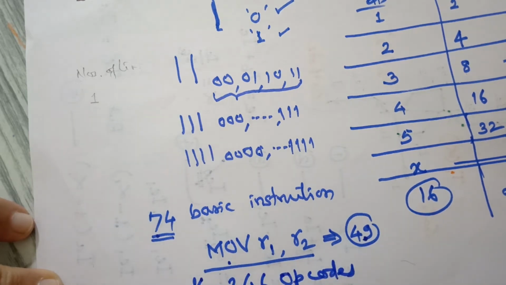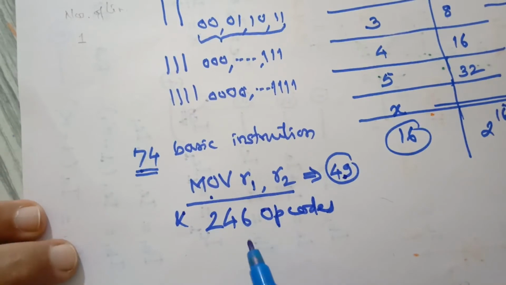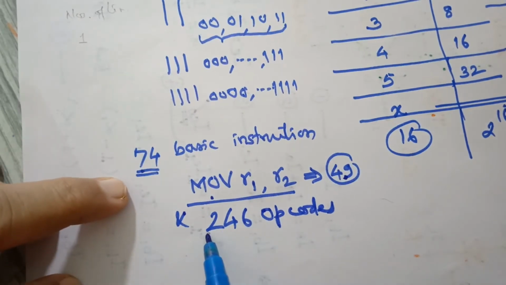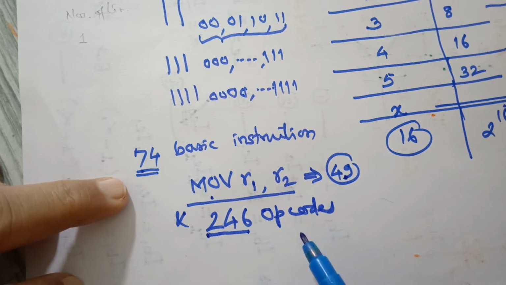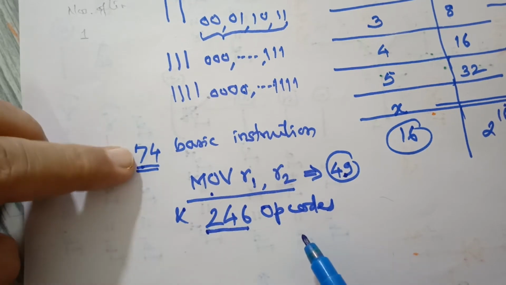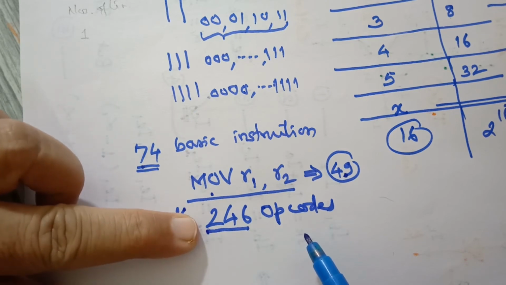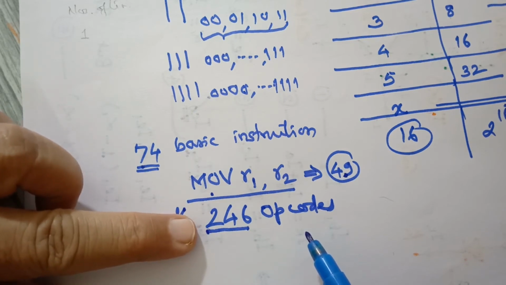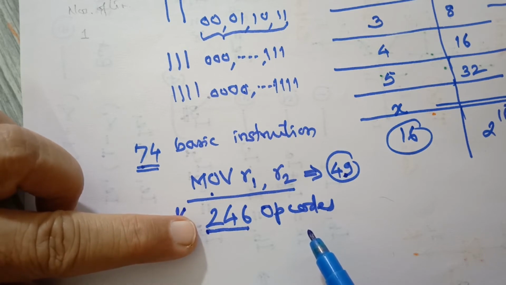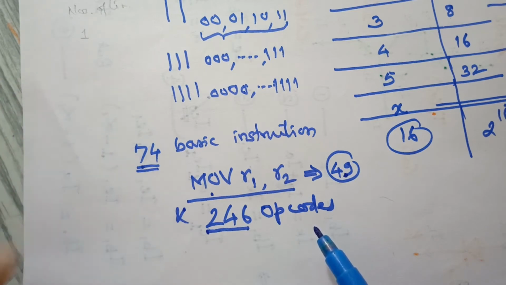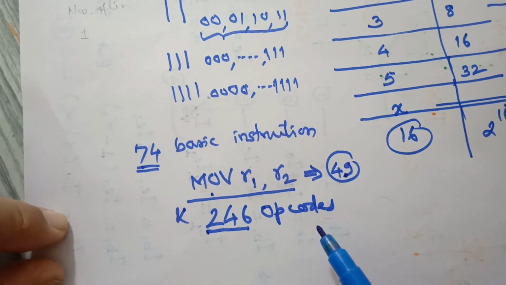For every instruction, considering all the possibilities, the total of all possible combinations is 246. Now see that only 74 basic instructions and a maximum of 246 op-codes let the microprocessor perform all the tasks required by computers. So this is a very efficient instruction set.